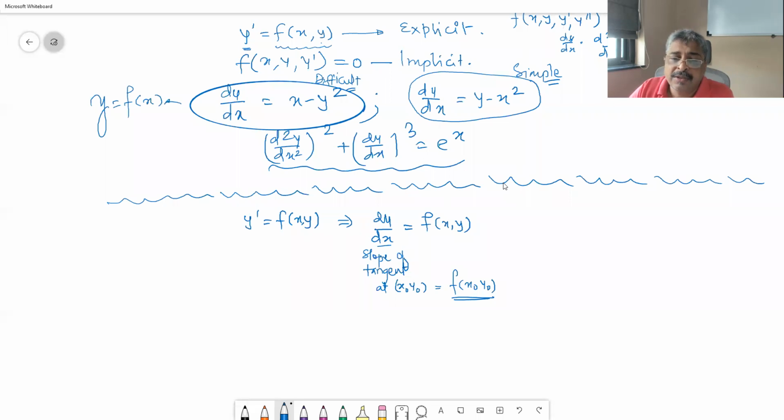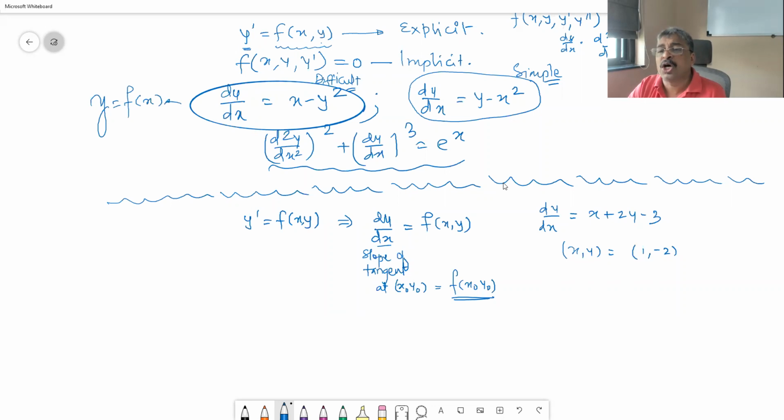Do you understand? Suppose dy by dx is equal to x plus 2y minus 3. And then at x comma y equal to 1 comma minus 2, I want to find the slope of whatever that function is. We don't know what that function is. Unless we solve this, we will not know what the original function is, whose differential equation looks like this.